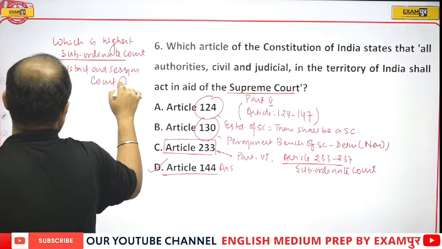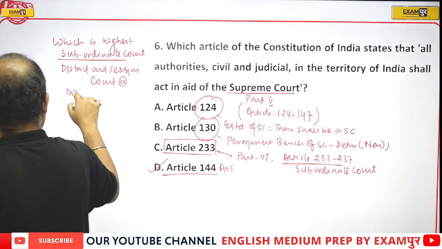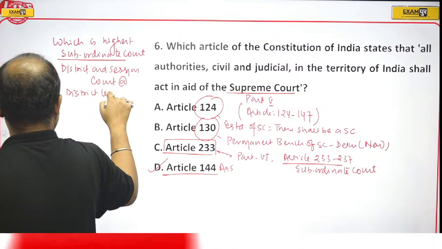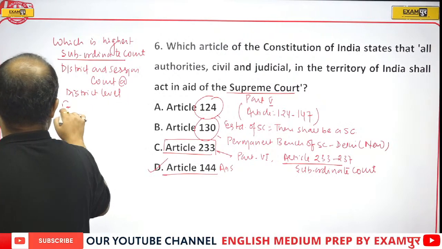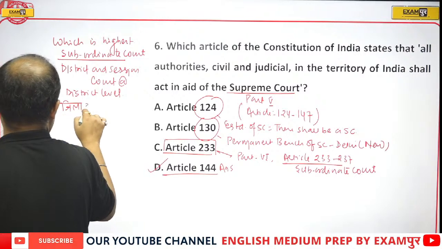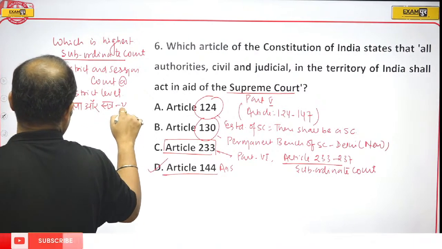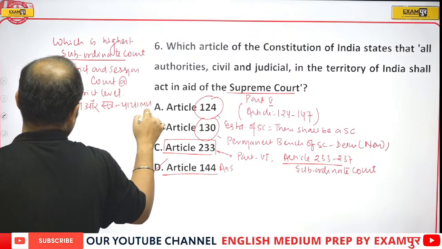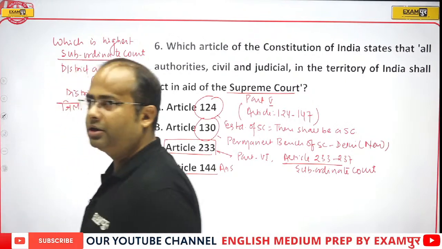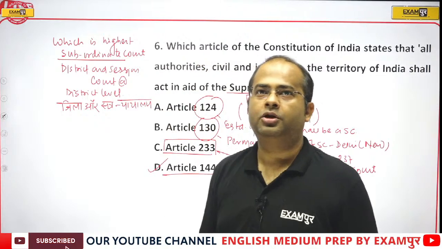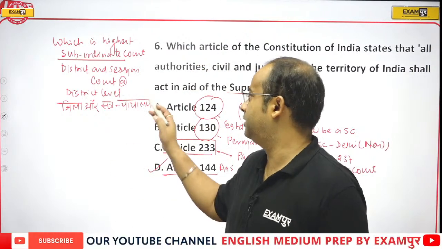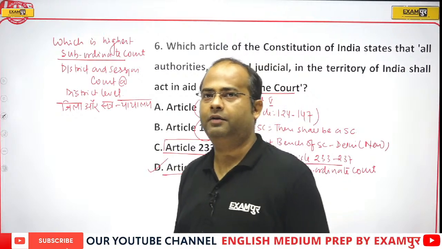It is at district level. In Hindi it is called Jila or Satra Nyayalay. So the correct answer will be, guys, option D, that is article 144.